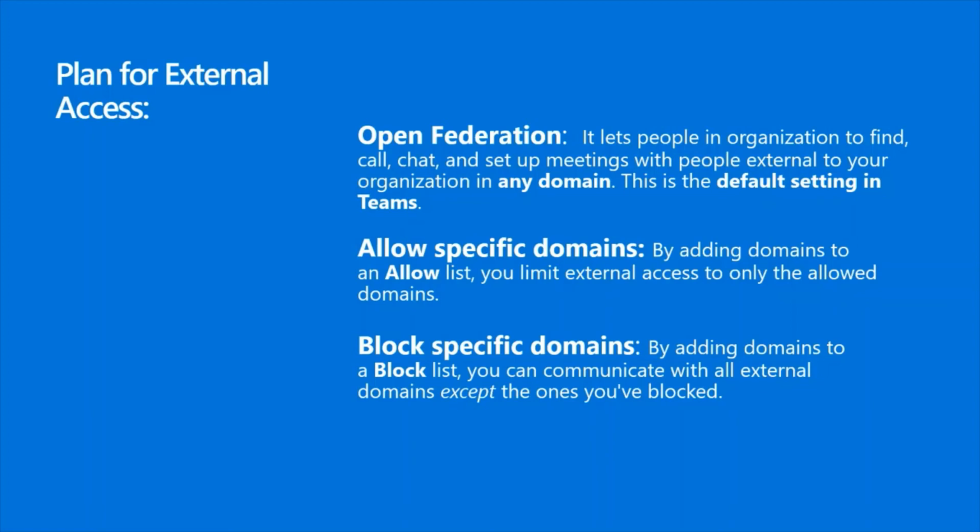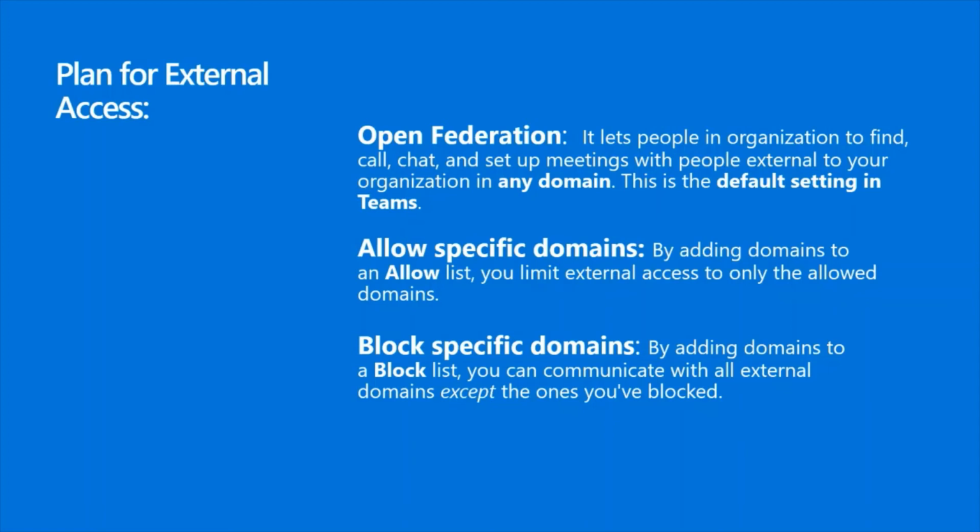In case of blocked domains, you can communicate with all external domains except the ones you have blocked. You need to add the domains which you want to block in the block list. For example, you have blocked abc.com. Other than abc.com, you will be able to communicate with all other domains. So this is how it works.